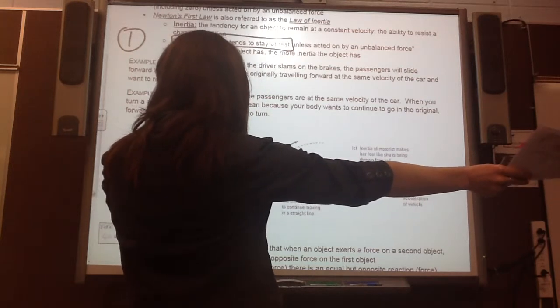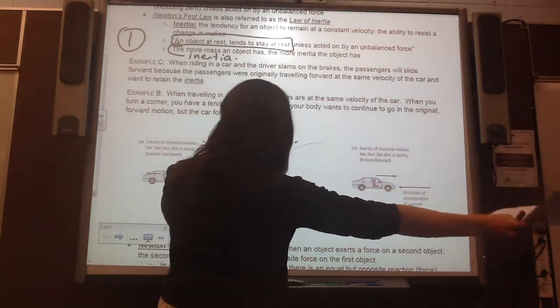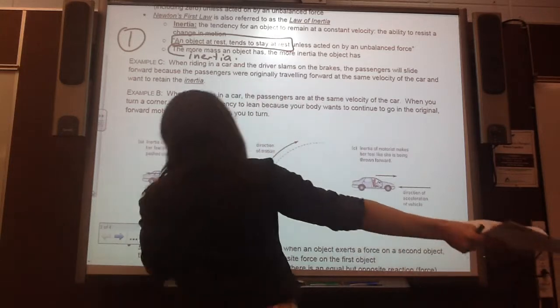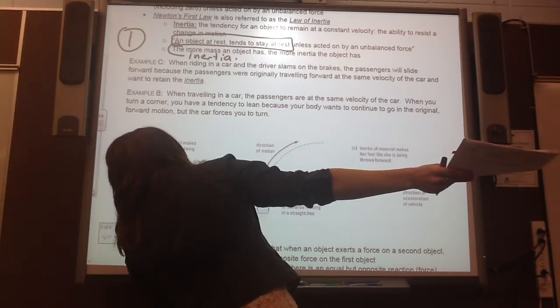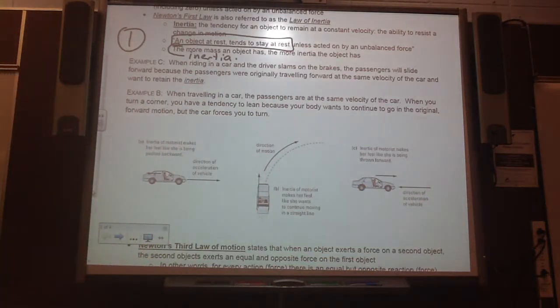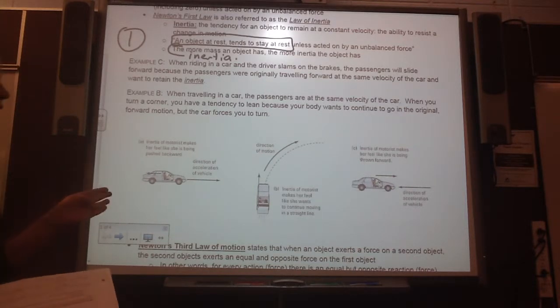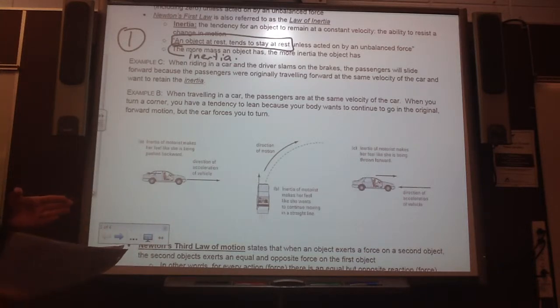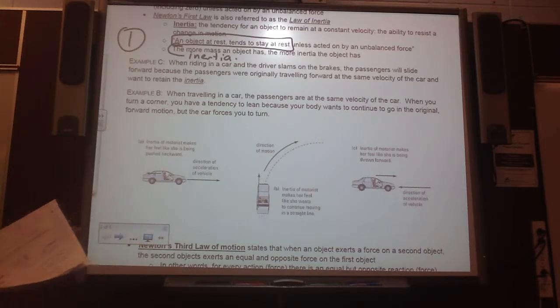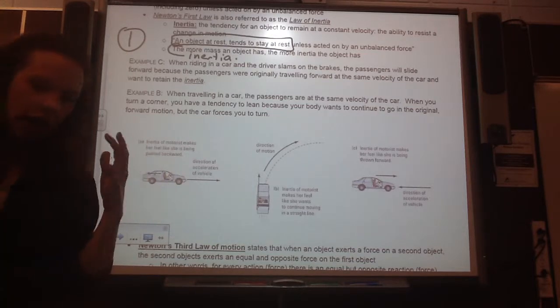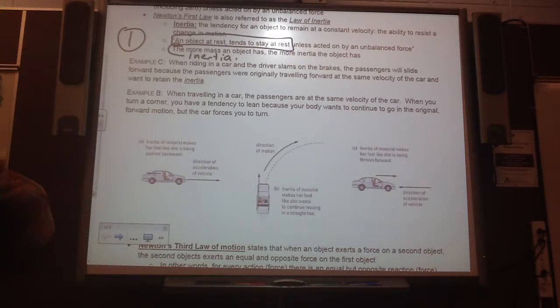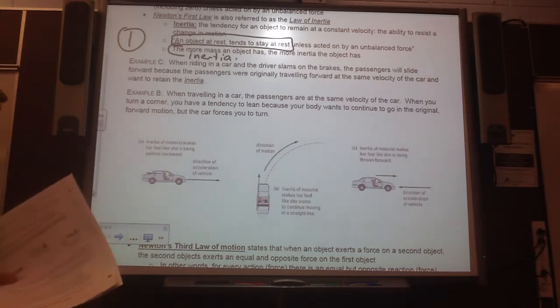My body wants to continue going forward, so as my car goes this way, my body's going to end up leaning this way. So whatever is in the vehicle wants to maintain the same direction it was going. If the vehicle changes direction or stops, then any object in the vehicle will just continue on its same path, and so it will appear to be leaning.